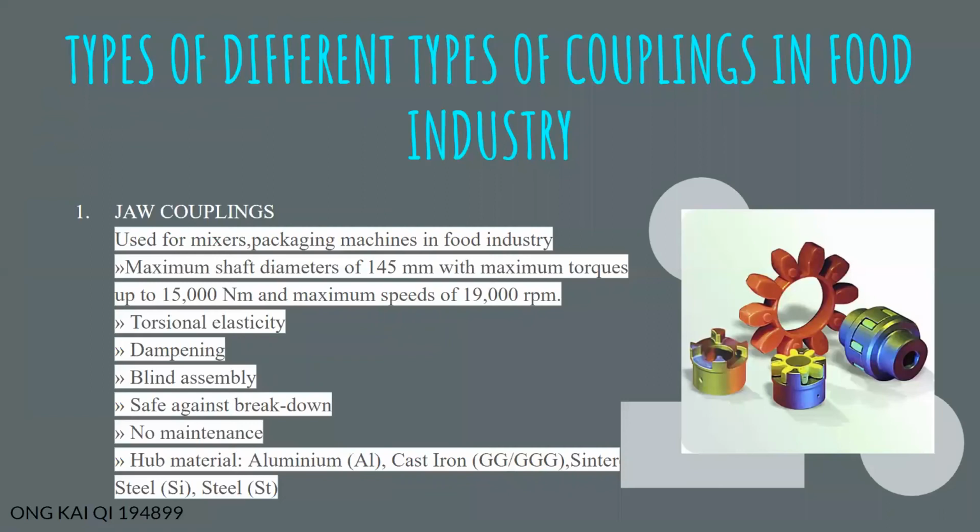The maximum shaft diameters are usually around 145 millimeter, with maximum torques up to 15,000 Newton meter and a maximum speed of 19,000 RPM. It has dampening, blind assembly, is safe against breakdown, and there's no need for maintenance. Usually the materials are aluminum, cast iron, sinter steel, and steel.